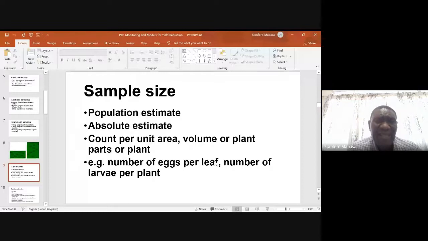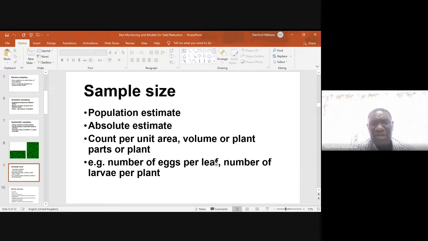Insect pest is the sample size, because the sample size is very important. It gives you the population estimate. We also have what we call absolute estimate. Now, when we are looking for these insects, we can have an insect count per unit area.